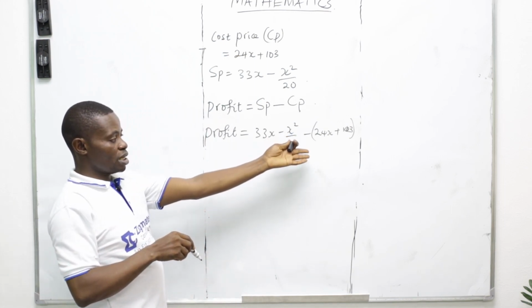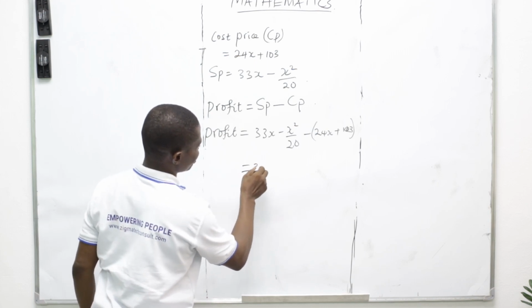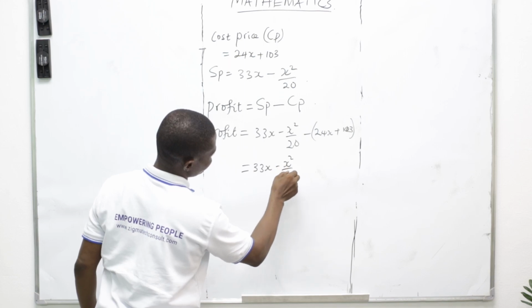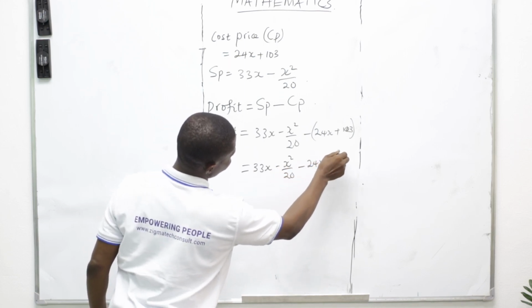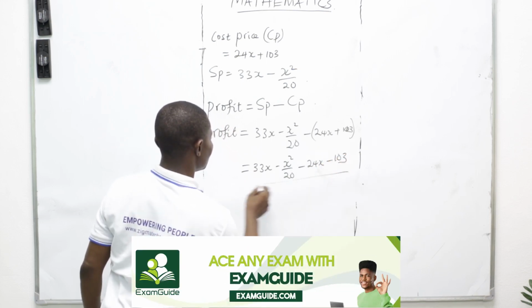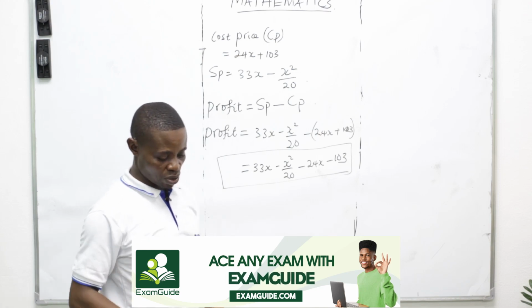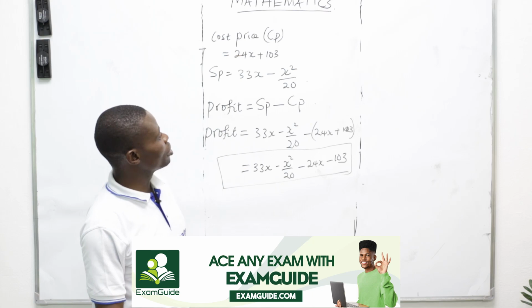You must acknowledge the sign. This will now give us 33x minus x squared all over 20 minus 24x minus 103. This is just the expression they want you to represent.